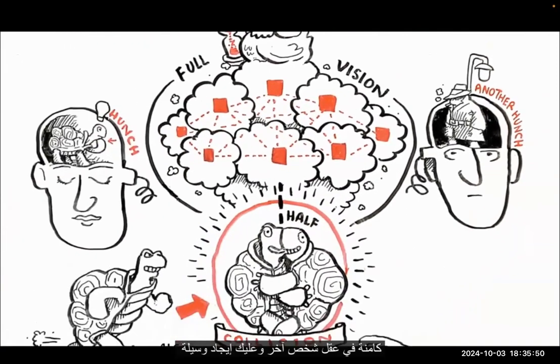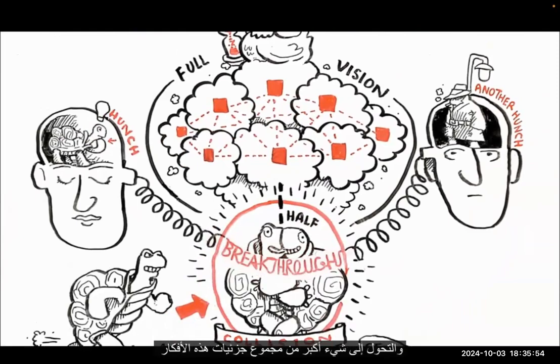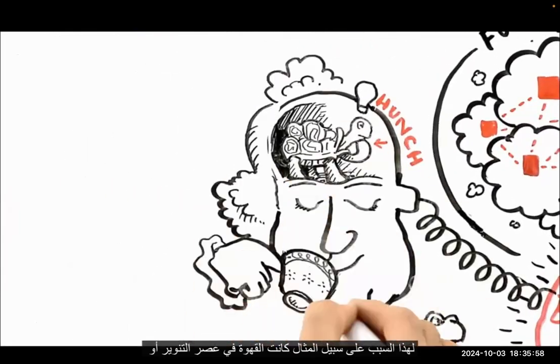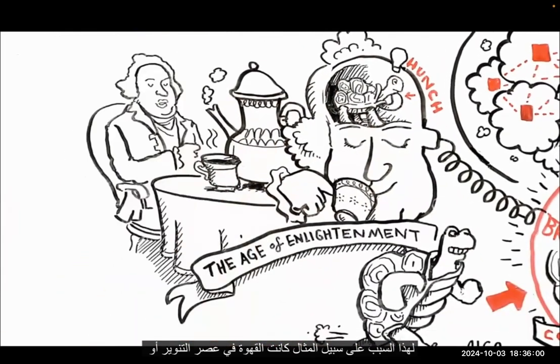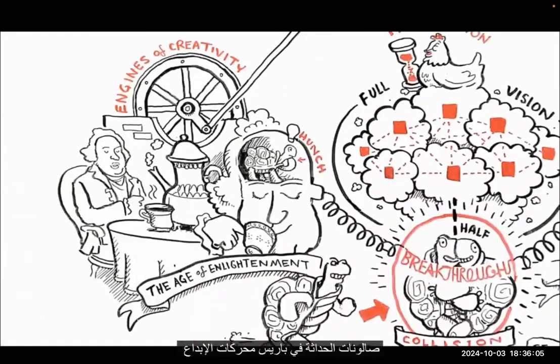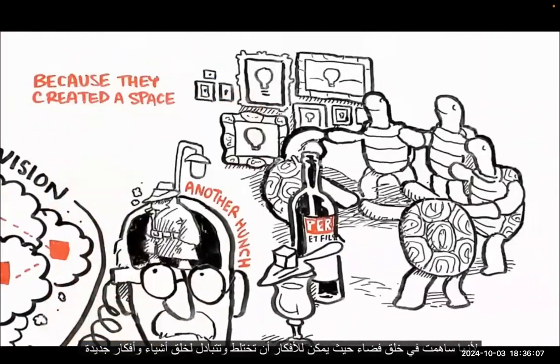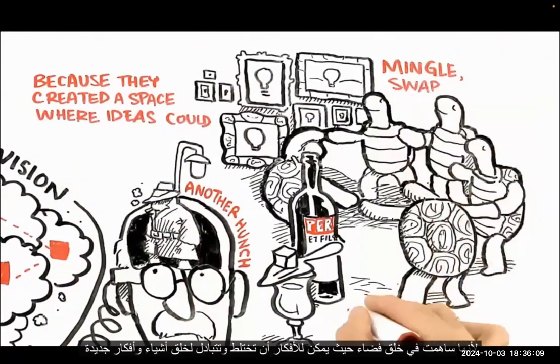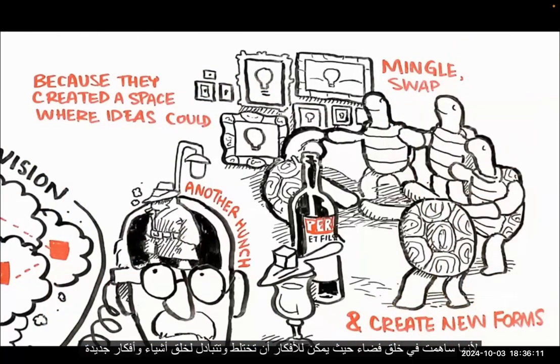And you have to figure out a way to create systems that allow those hunches to come together and turn into something bigger than the sum of their parts. That's why, for instance, the coffee house in the Age of the Enlightenment, or the Parisian salons of modernism, were such engines of creativity, because they created a space where ideas could mingle and swap and create new forms.